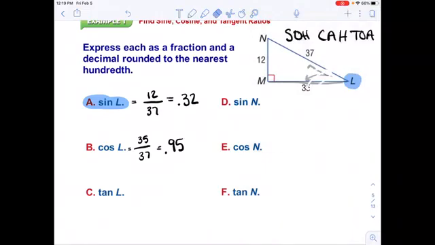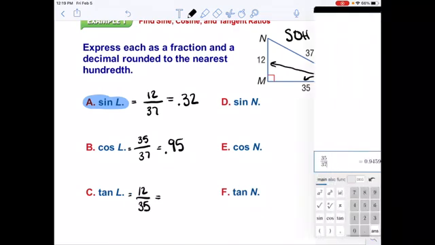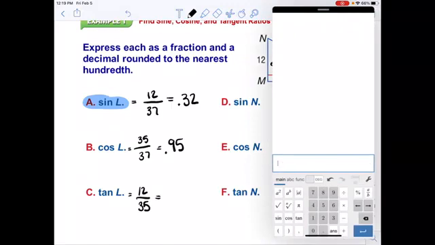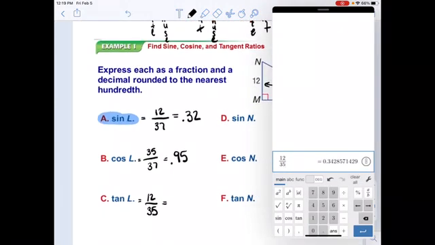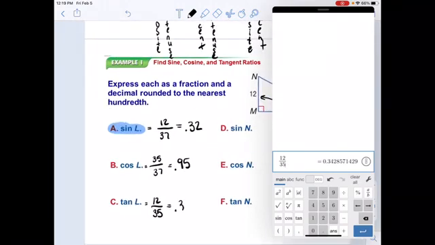And then if we want to take the tangent of L, notice we're still standing at angle L. We want to do opposite over adjacent. So we have 12 over 35 equals, I don't know, let's figure it out. That equals 0.34.